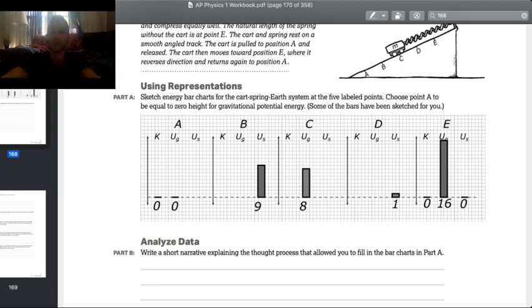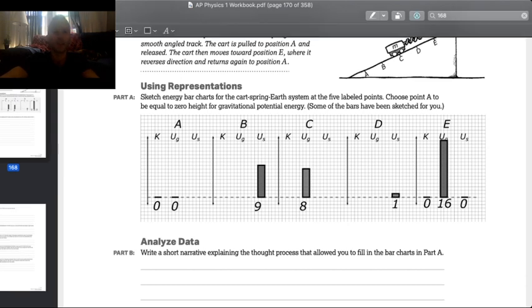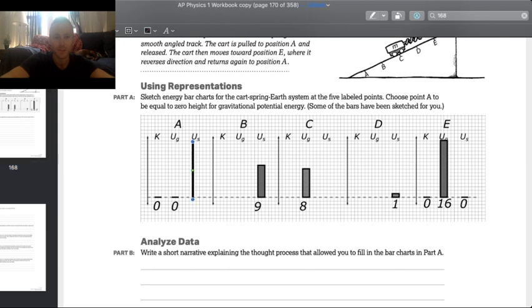So it's at rest momentarily at point A. And then if we look at the gravitational potential energy, we're just defining y equals 0 to be right there. Now if I look at point E, we have 16 units of gravitational potential energy, and the total mechanical energy is conserved. So that means that the elastic potential energy right here had better be 16 units.